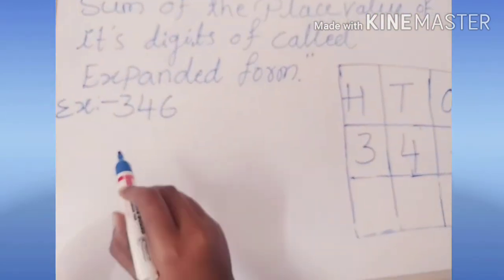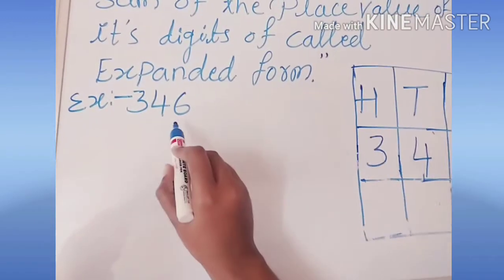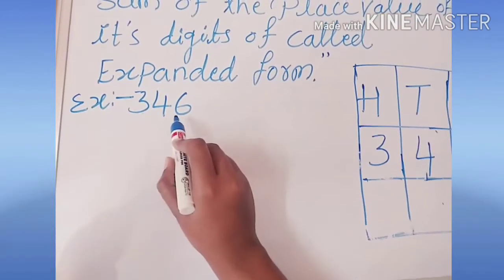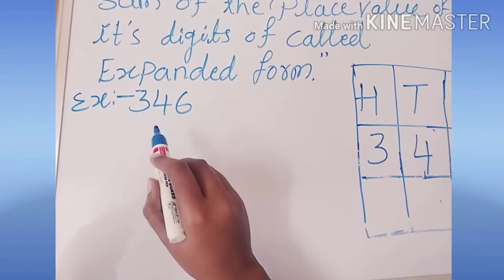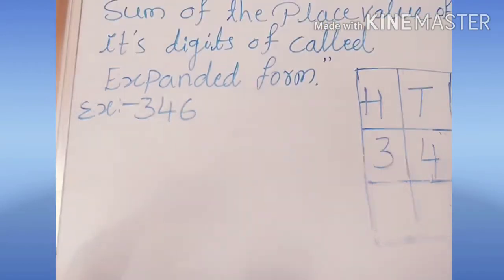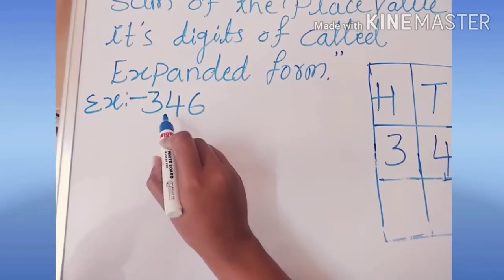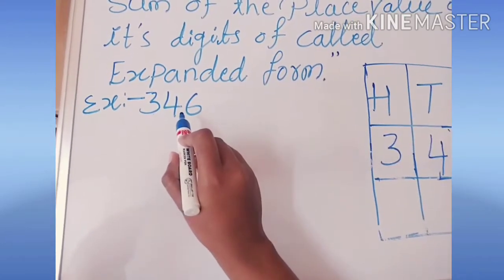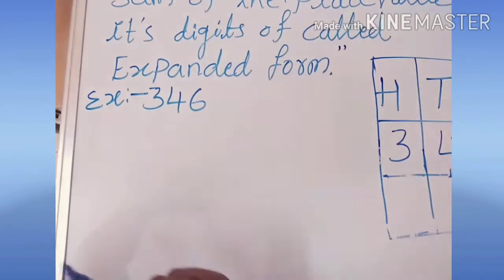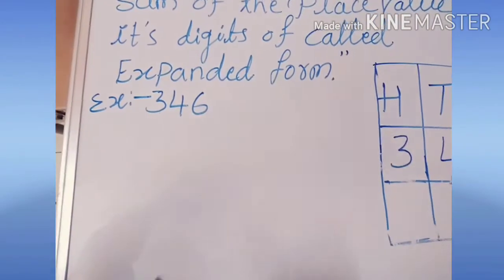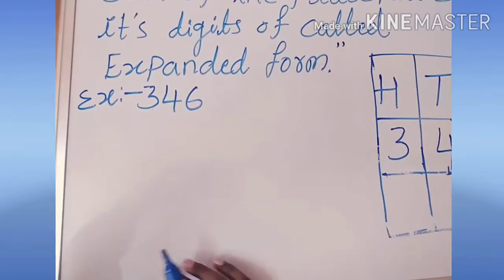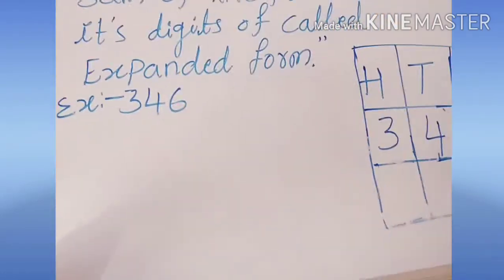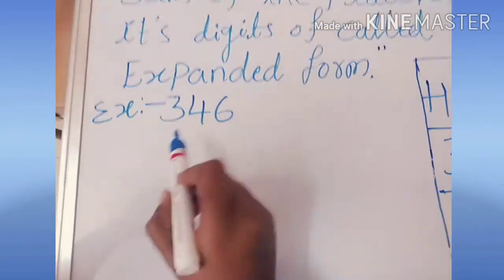That means we have to connect all the digits with an addition sign between each digit. Understood? Okay, let's do it. Now we will write the expanded form of this number.